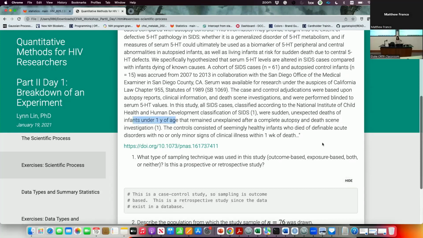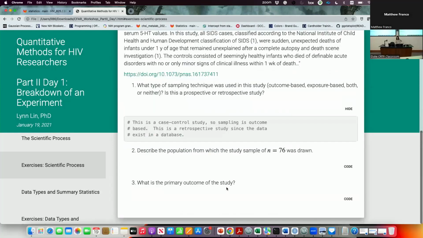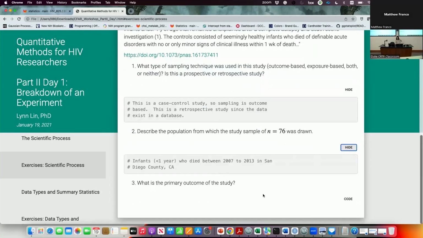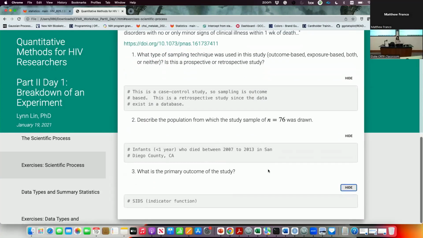And what else? So this is one characteristic of the population. What else? San Diego. Yes, in San Diego. This determines the population, narrowing it down. Yes. And the primary outcome we talked about, right? SIDS. Okay.